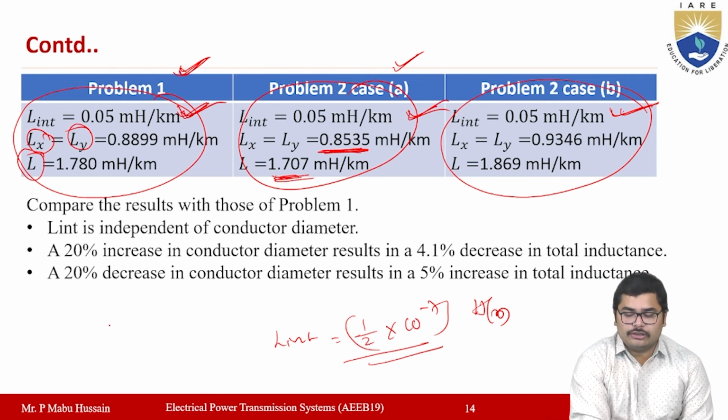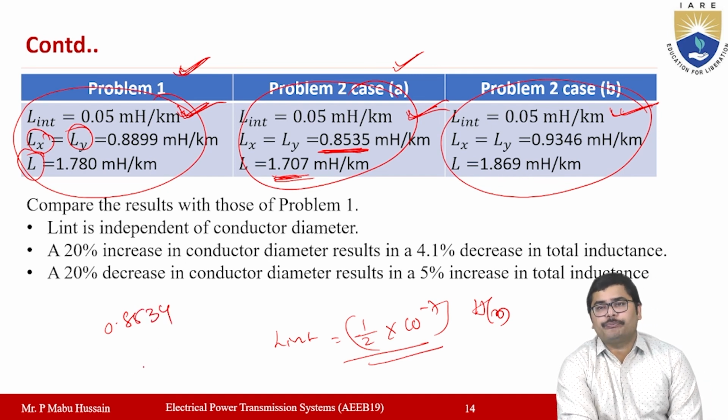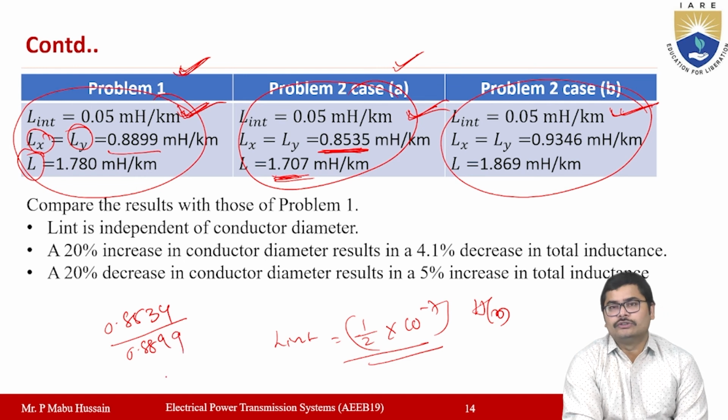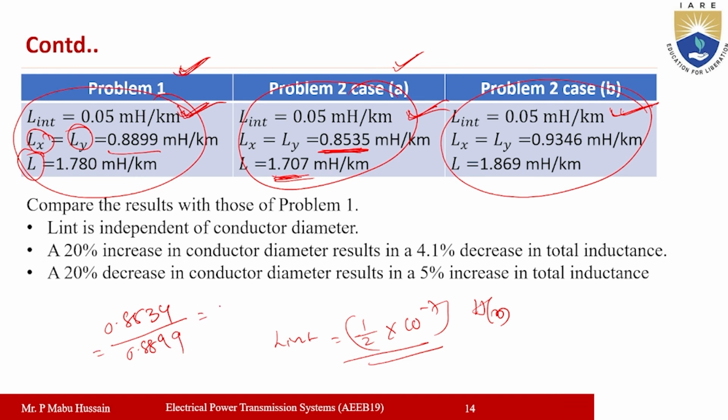Now if you see here, 0.8535 is the inductance of each conductor when the diameter is increased by 20%. Before increasing, the value is 0.8899. Now if you find the ratio, 0.8534 by 0.8899, and calculate this value, you are getting 0.9589.